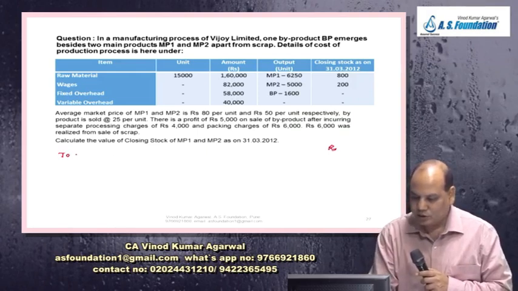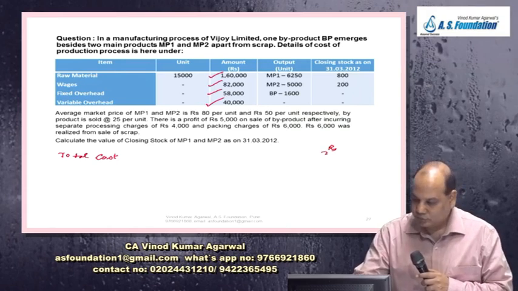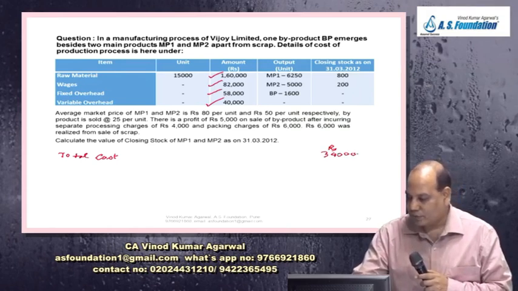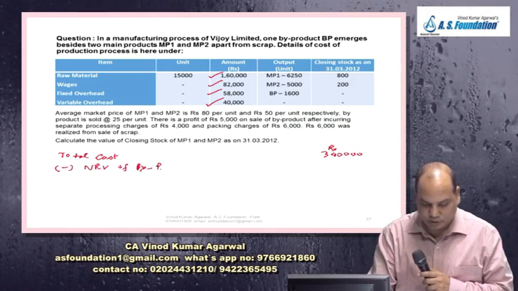If you see total cost of these four items, 3,40,000. Now from this I will deduct the NRV of byproduct.